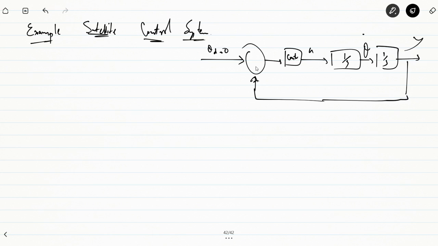We basically have a satellite control system, and what we are going to be assuming here is that we'll be taking the linearized form of this block diagram.